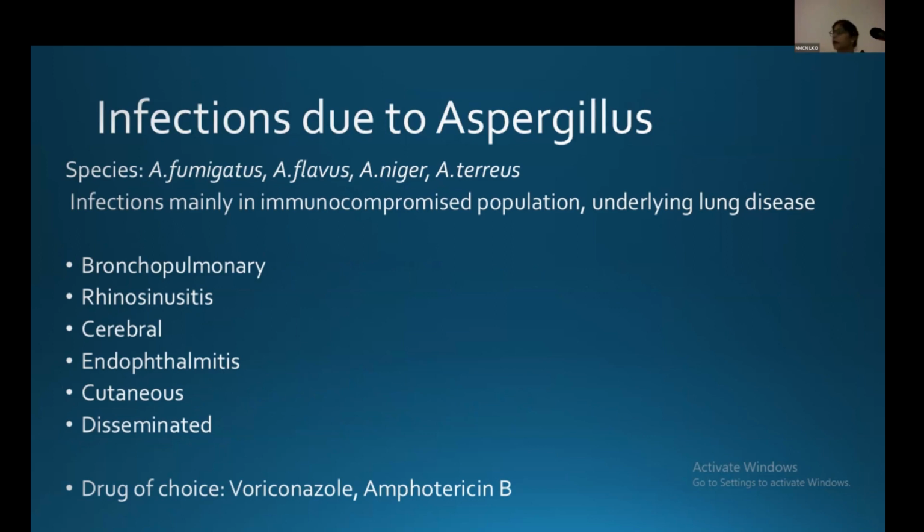Every day we are exposed to the spores from these mycelial fungi, but we do not get disease or symptoms because our immune response is still intact. But when the person is immunocompromised, then even a single spore can cause a severe infection. So aspergillosis may be bronchopulmonary, rhinosinusitis, cerebral mass also, then endophthalmitis, cutaneous aspergillosis, or disseminated aspergillosis. Aspergillosis responds very well to voriconazole and amphotericin.